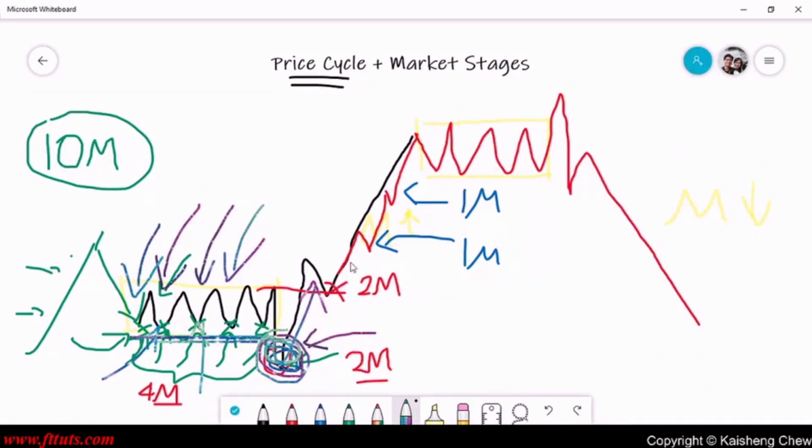So when they mark up the price, then they start to offload their orders. They buy over here, and their target is at this range of the price, so they offload bit by bit over here. They offload their buy orders, then increase their sell orders, so they become sellers right now.